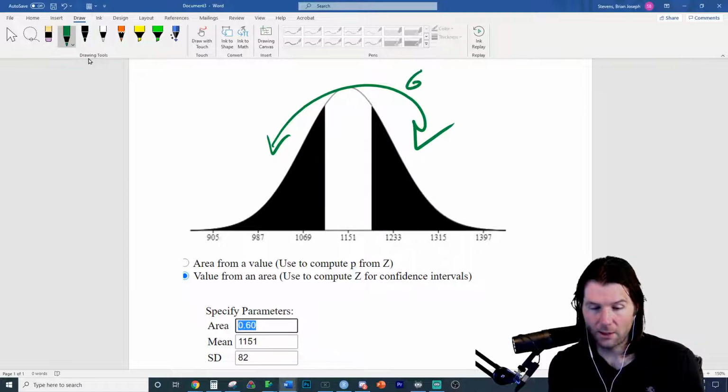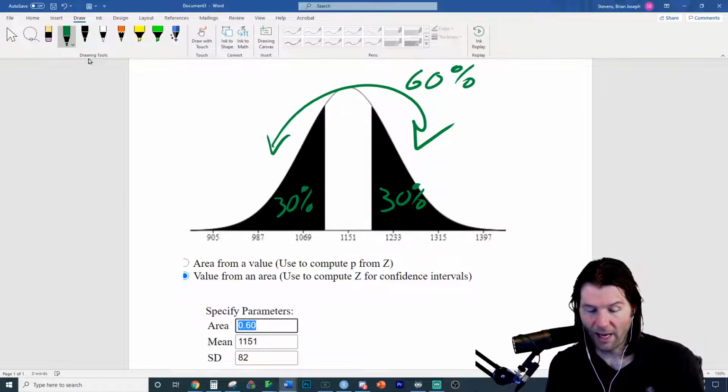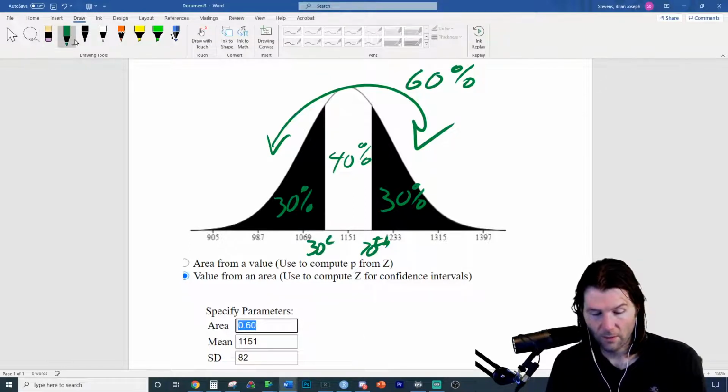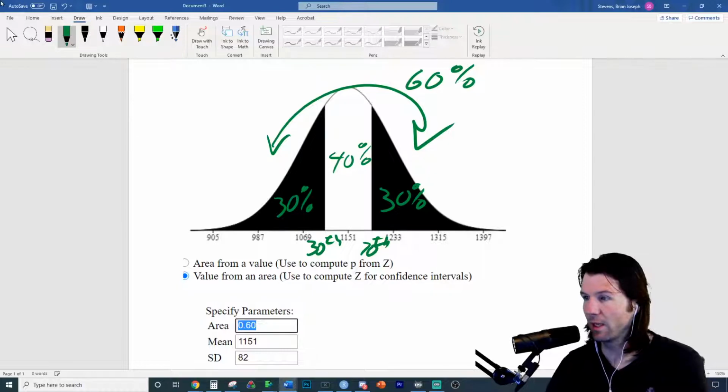I know that these areas right here total 60%. That means I can cut them in half, and that means there's 40% on the inside. That means this is the 30th percentile, and this is the 70th percentile. My horrible handwriting. So these are the percentiles right here.